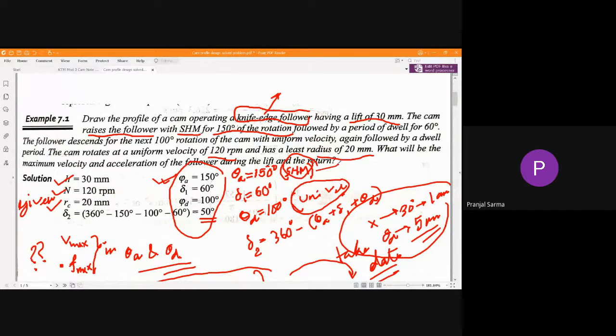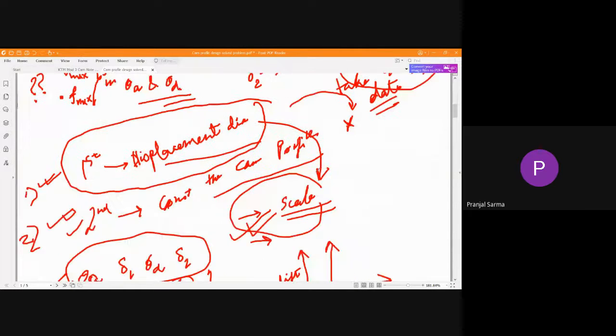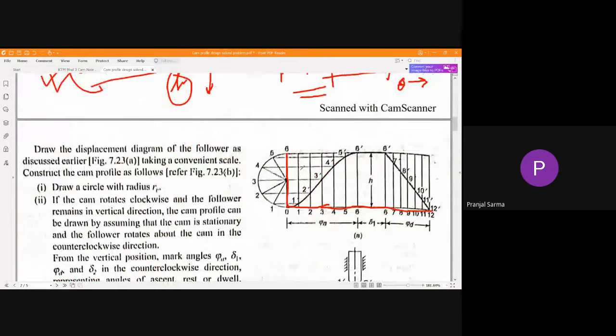So for theta a and theta d the curves will be different. Sometimes it may happen that both theta a and theta d are with SHM, then there is no problem, and you can directly utilize the same type of motion. Here you have to be careful.